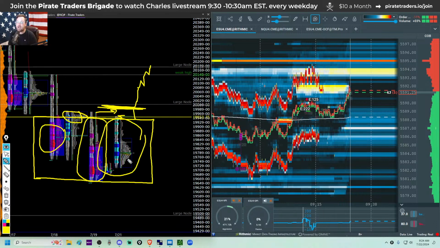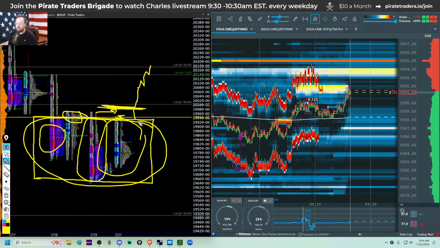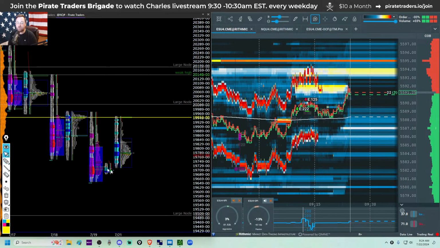So I think if we can make a higher high, making it to 20,184 is a very high probability. Because you got a lot of traders that are short right now on the Q, and every single one of them will get emotional if the market gets above Friday's high. So what's it going to be? Q, sideways inside Friday's range, new high or new low? You tell us, and then we'll know what comes next.